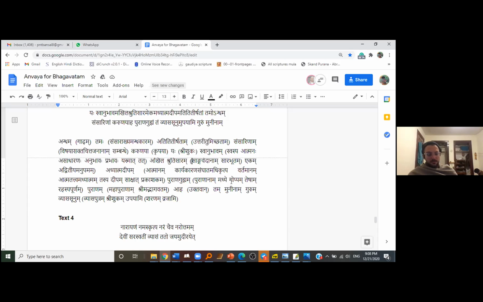What more? Shiksha, Kalpa, Vyakaran, Nirukta. Astrology is Jyotish, and Chanda. So these 6. So Srimad Bhagavatam is the Sara of all the Shrutis, including their Angas.